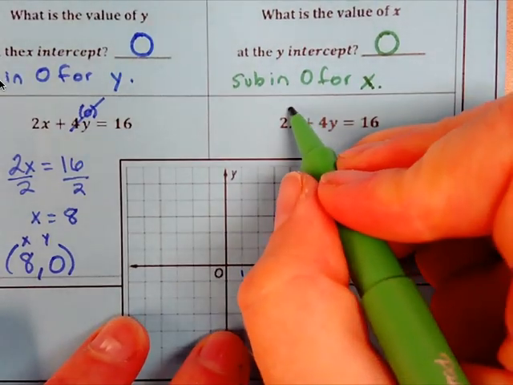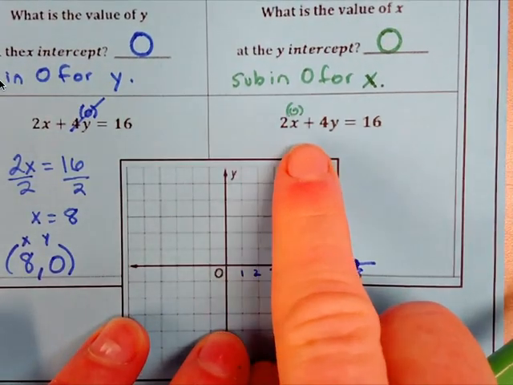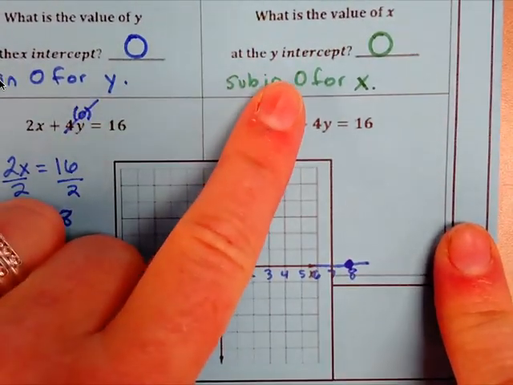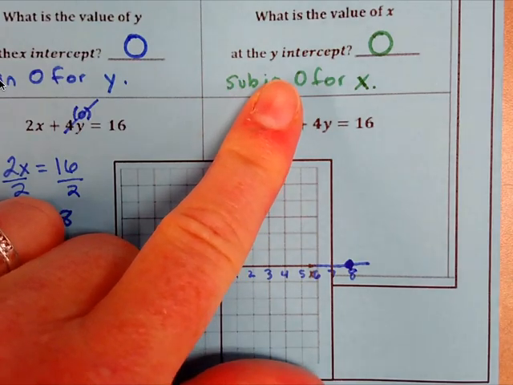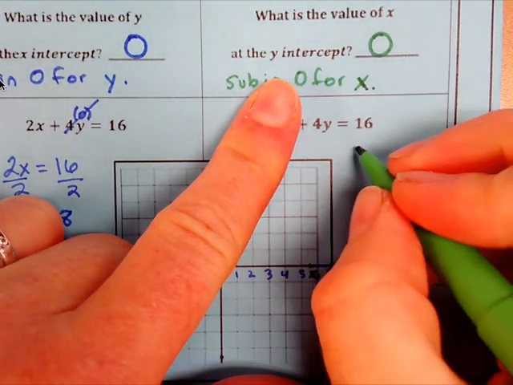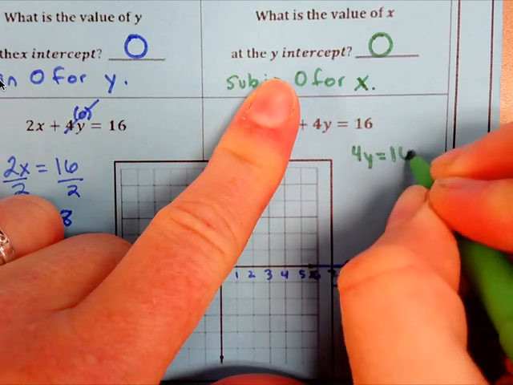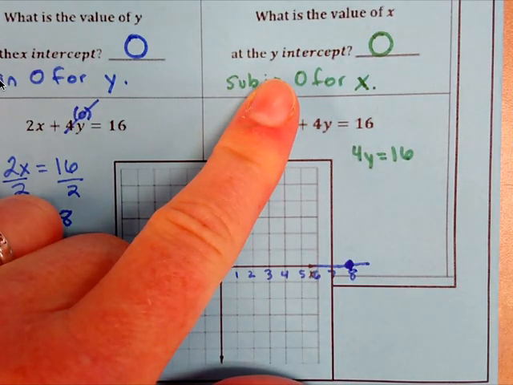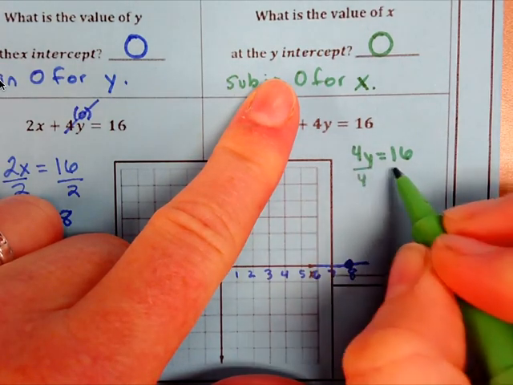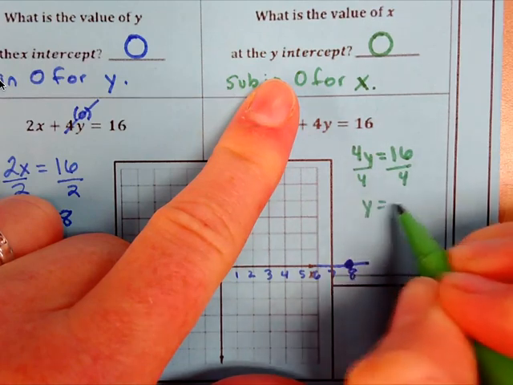So if I plug in a 0 here, 2 times 0 is 0. So I could just cover it up and solve what's left. So I have 4y equals 16. How do I solve that? Divide by 4. And what do I get? 4. Yep.